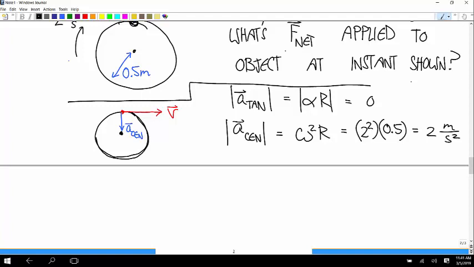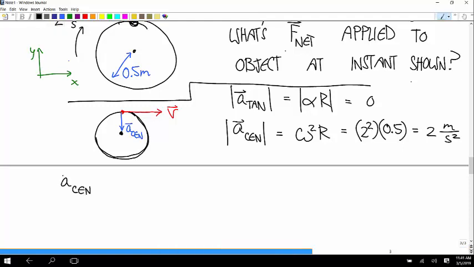And we figured out the direction of that acceleration just by inspection, by the way we think about things in lab. So we know that that's in the negative y direction if we're using our usual coordinate system like this. So the total centripetal acceleration vector is 0, -2. And since there's no tangential, this is also the total acceleration vector at that instant.